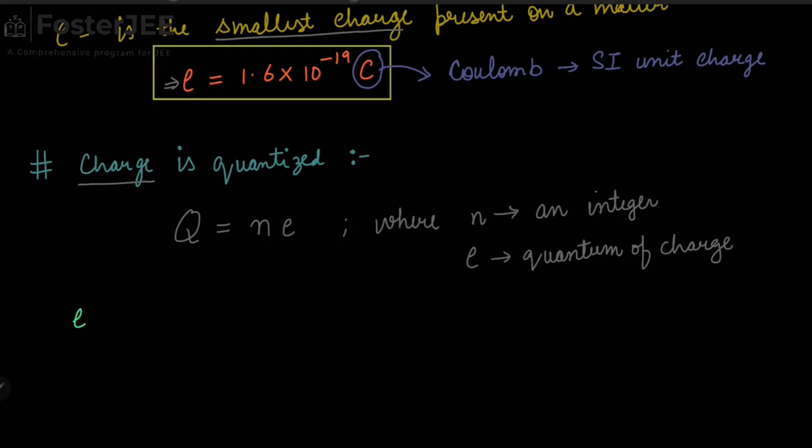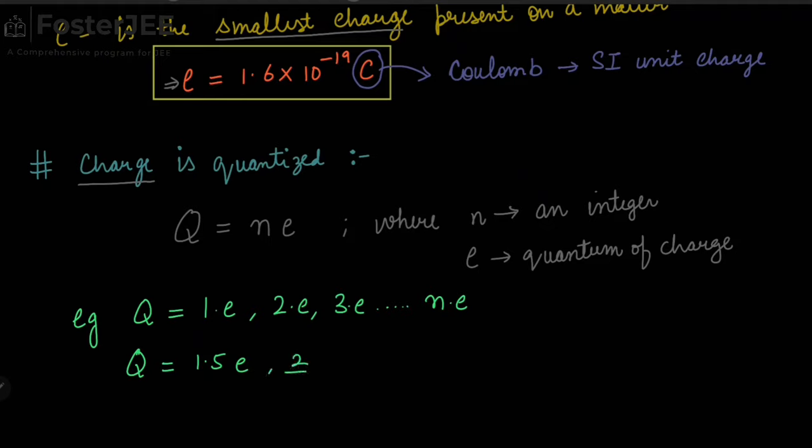This means, for example, the total charge on a body can be 1e, twice of e, 3 times of e, up to n times of e, where n can be any integer. Why is that important? Because charges cannot occur in fraction of e, that is 1.5, 2 by 3, or anything else like 0.7e. It is just baseless and not possible till now.